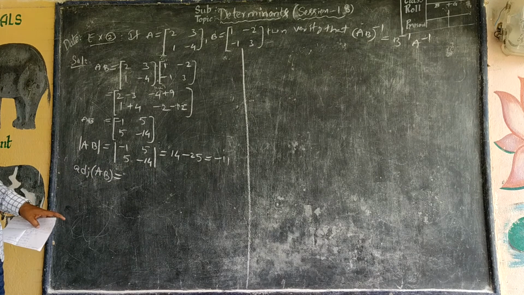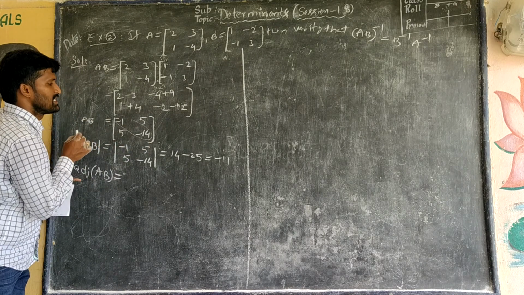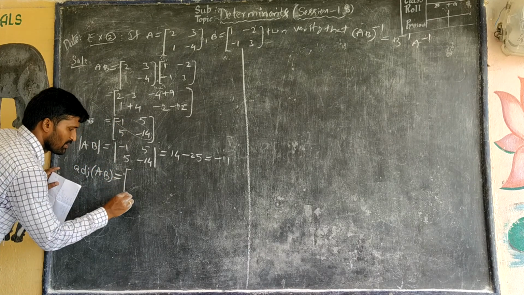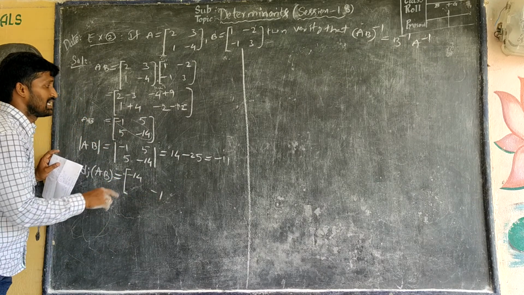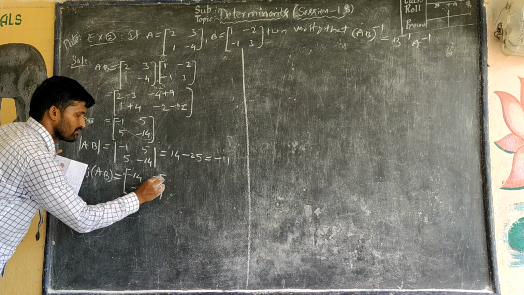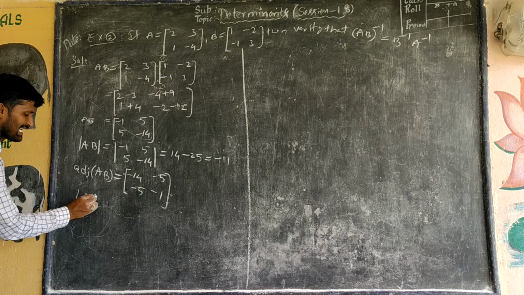For a 2 by 2 matrix, I already said how to find the adjoint of A: interchange these two elements, and change the sign for the remaining two elements. In a simple manner we can find it: interchange these two elements, minus 14, minus 1. Change only the sign for these two elements, minus 5, minus 5.